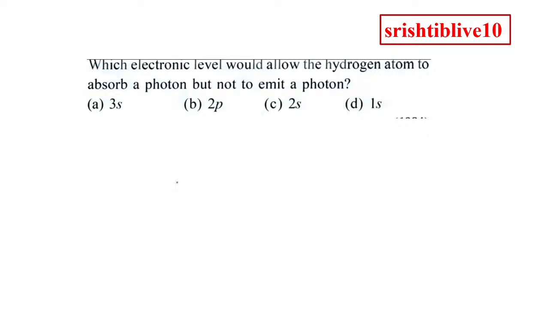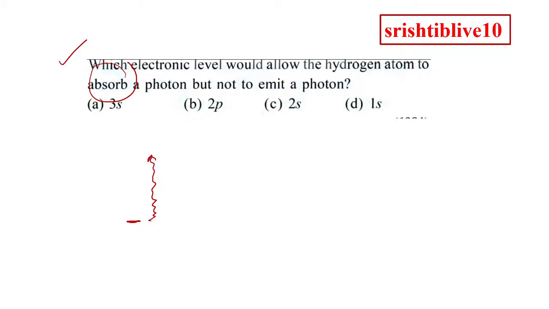All right, very simple question. Which electronic level would allow the hydrogen atom to absorb a photon but not emit a photon? Very simple and interesting question. For absorption of a photon, the electron should be present in a lower energy level, and by absorbing the energy it will go to a higher energy level.